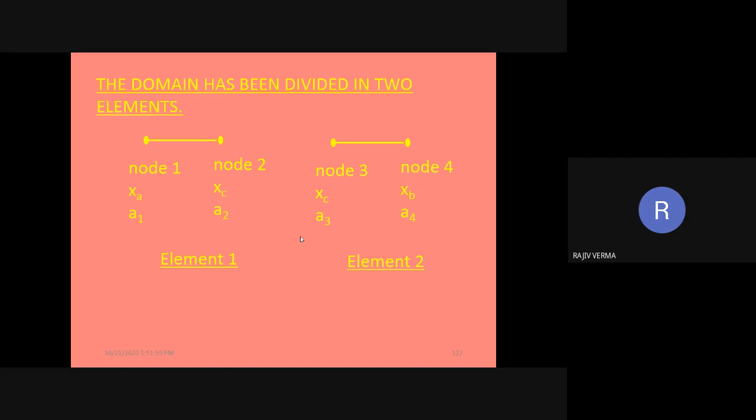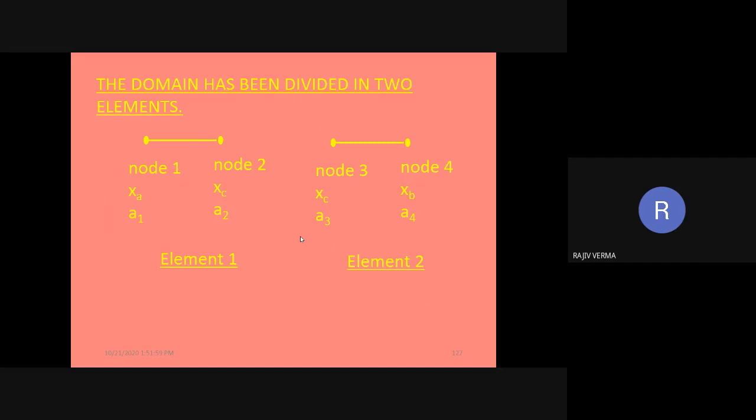Element number 1 and element number 2 have a node in common, and that particular node happens to be node number 2 for element number 1 and node number 3 for element number 2. Both node 2 and node 3 are in fact located at the same coordinate xc.